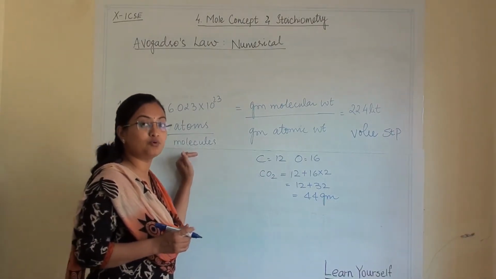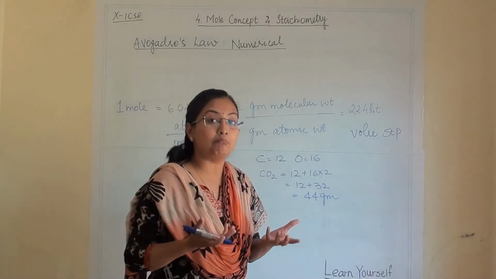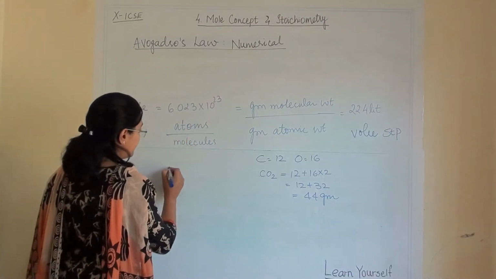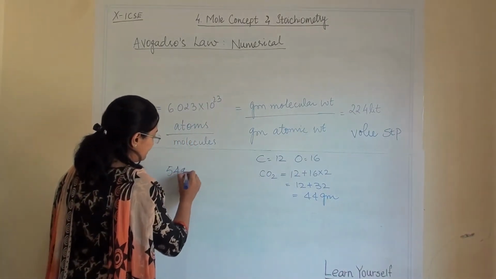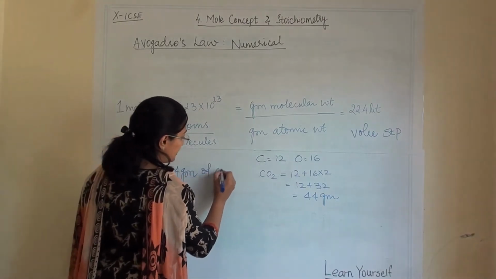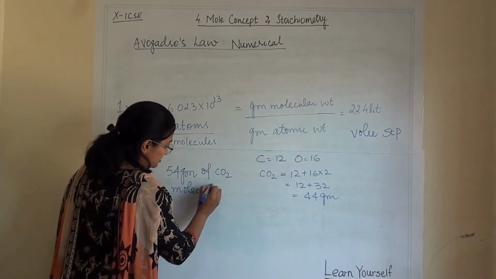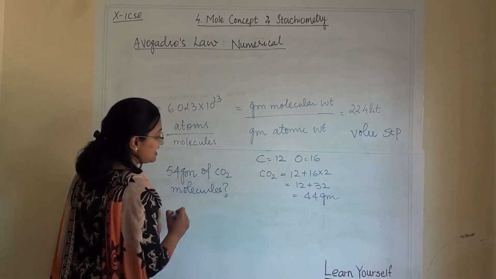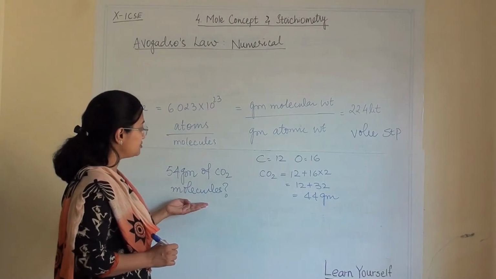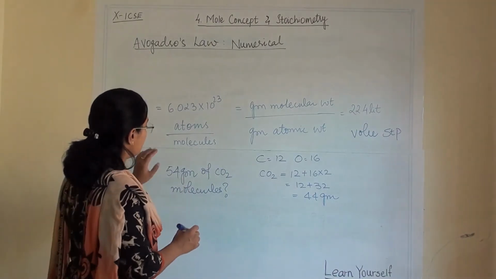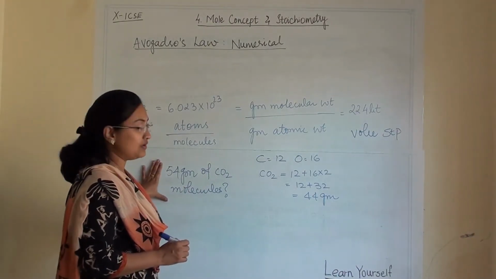Now suppose they have given a different mass. For example, in 54 gram of carbon dioxide, how many molecules will be present? How will you calculate this?